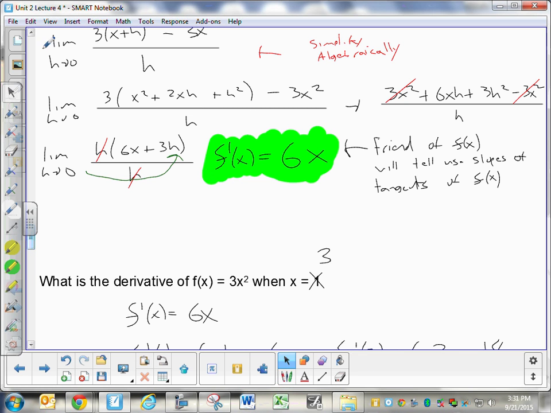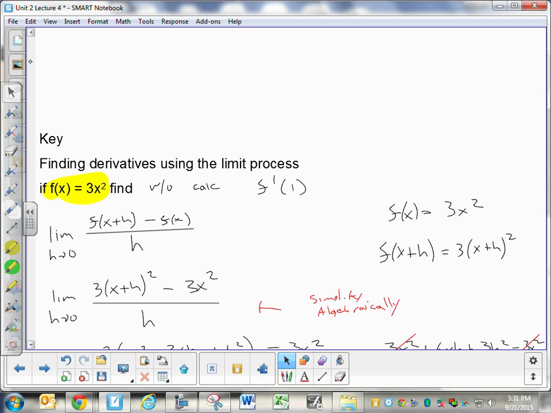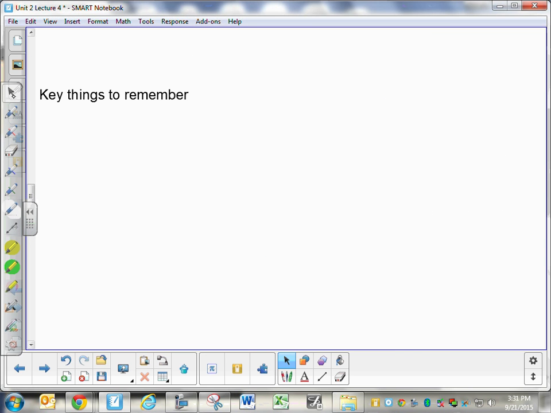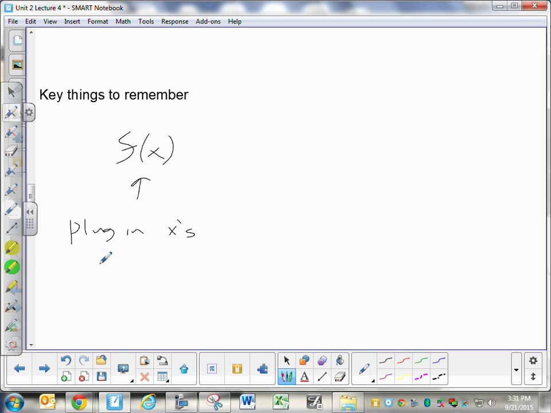Now here's the key thing to remember before we do the next question. If you plug in x's into f of x, you get y's. You combine them, you get a point on the function.